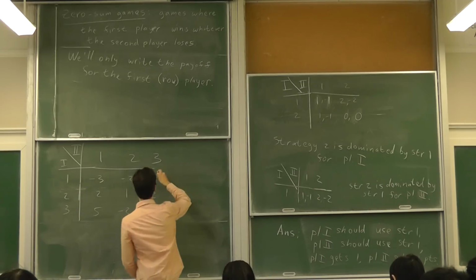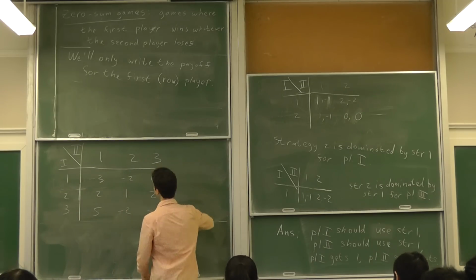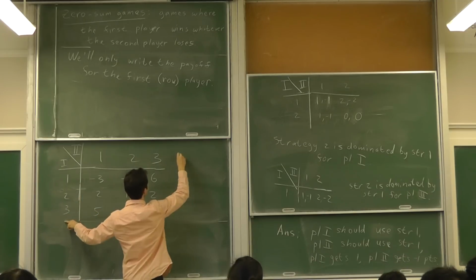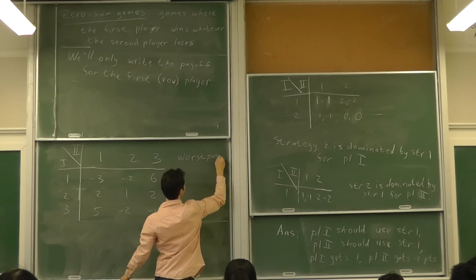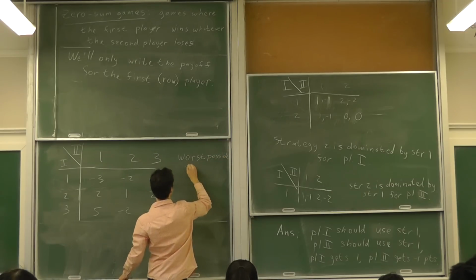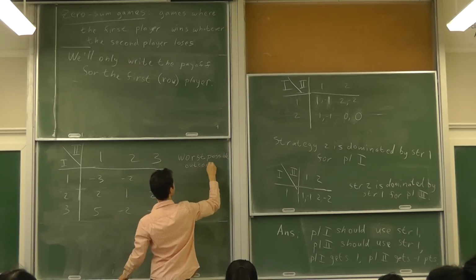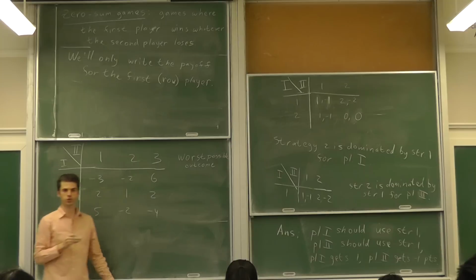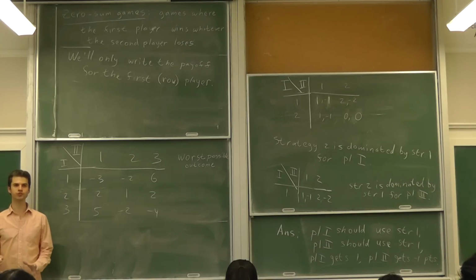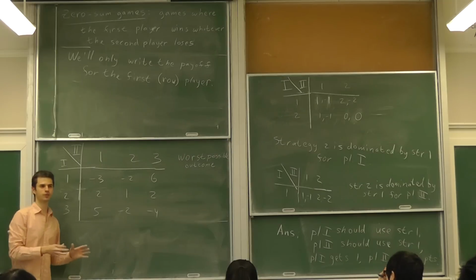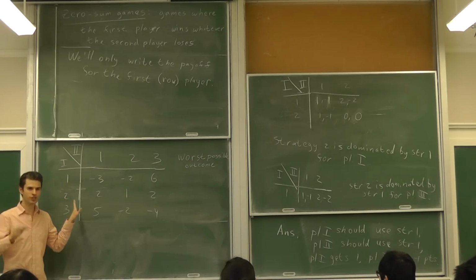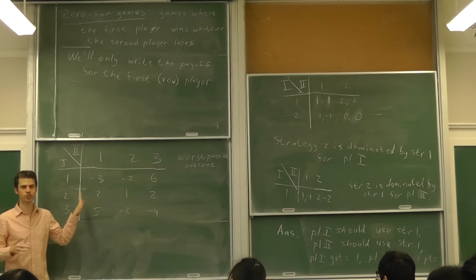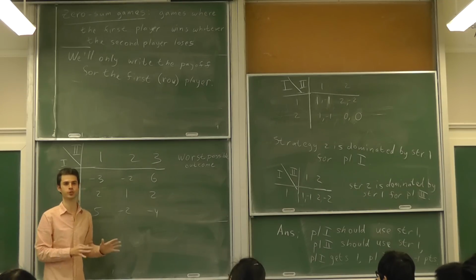So we'll list for each strategy what is the worst possible outcome. So the outcome which will be achieved if the second player actually knows what we are going to do, if the second player actually happens to choose the strategy which is as bad for us as possible.